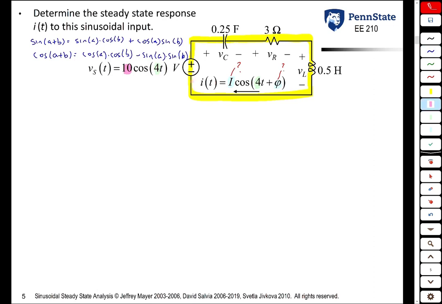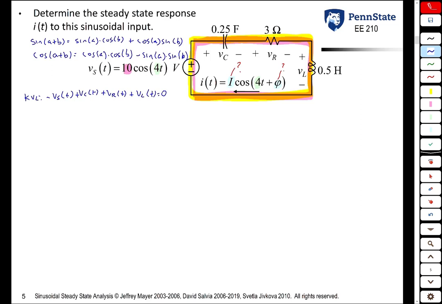Let's start at this point, go through a voltage source, voltage drop across the capacitor, across the resistor, across the inductor, and end up at the starting point. So from KVL, we know that minus Vs of t plus Vc of t plus Vr of t plus Vl of t is equal to 0.